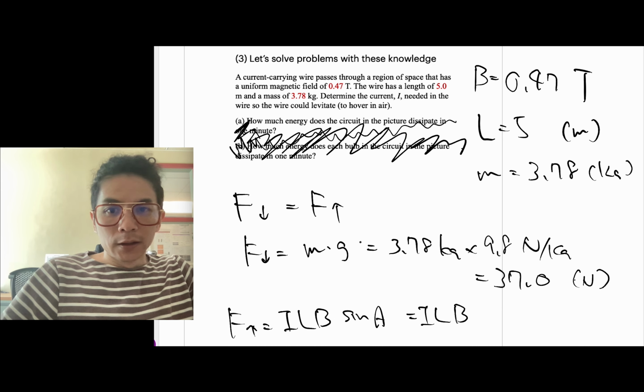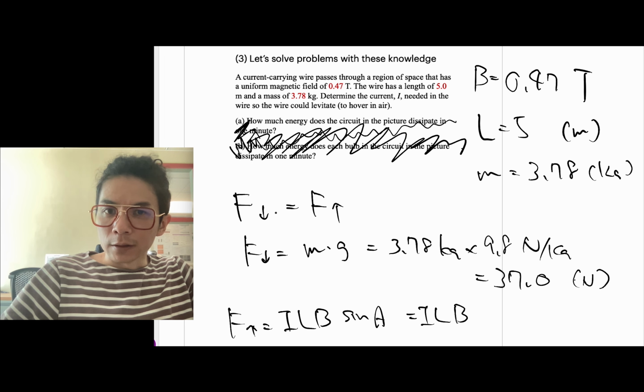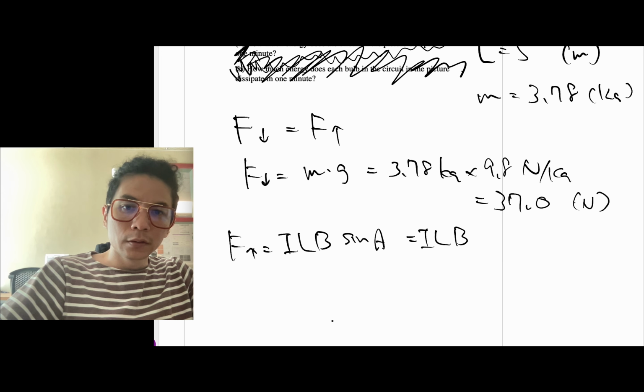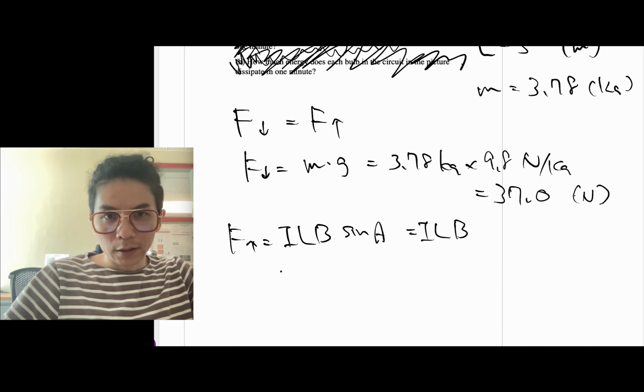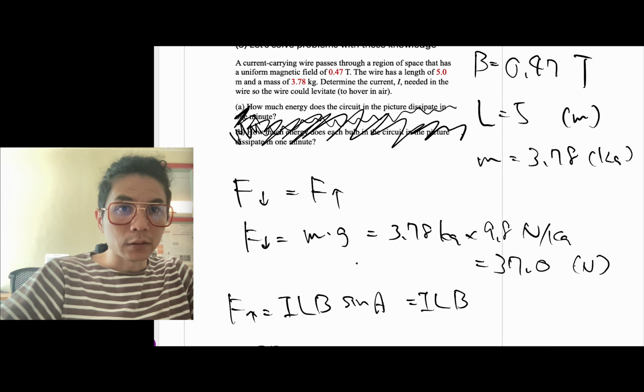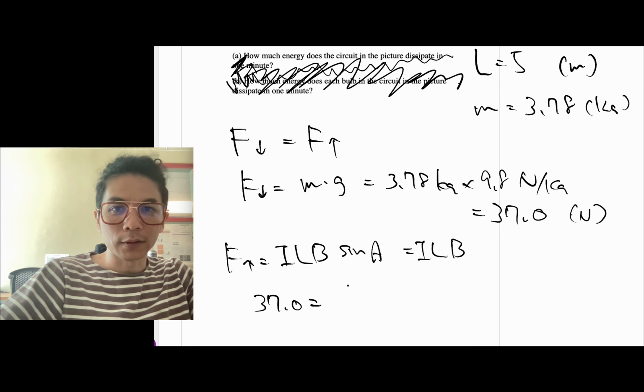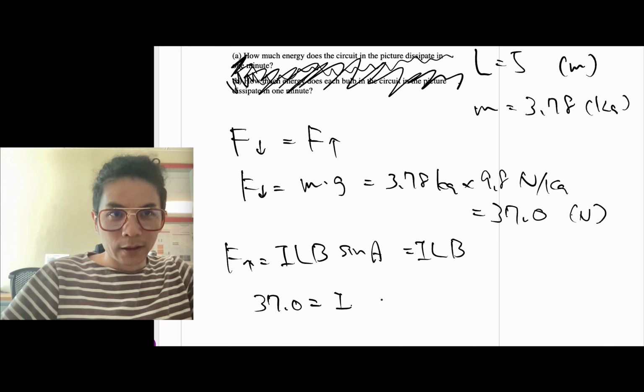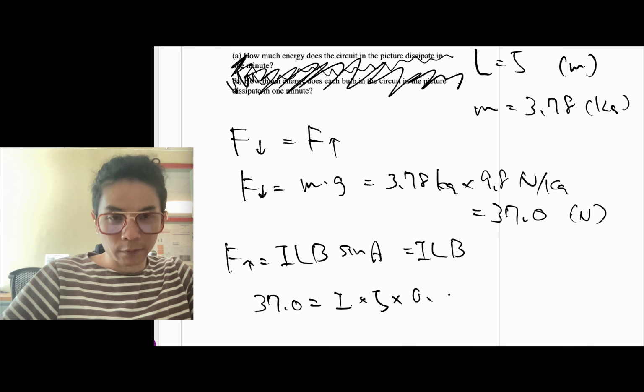And you know the F value, since it is equal to this value. So this equation can be written as 37.0 equals I, which is not known, times L which is 5, multiplied by B which is 0.47.